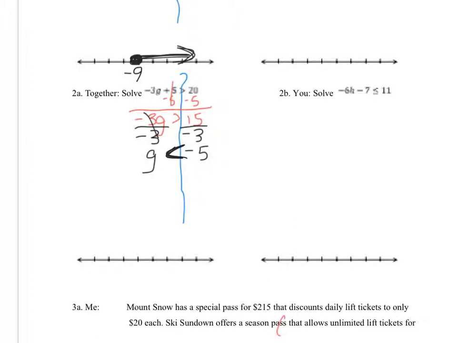So my answer is g is less than negative 5. So I'm going to put negative 5 on my number line. It's an open circle, and less than is to the left. Okay, and you are going to do this one. So you can pause the video now, or you can go back and do it later.